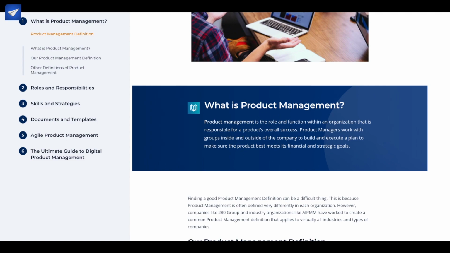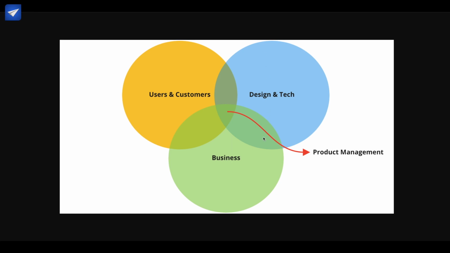Now let's look into one most widely used diagram. Product management sits here in the middle of business, users or customers, design, and technology. Why is it in the middle? Because at the end of the day, you are solving problems of the customers.